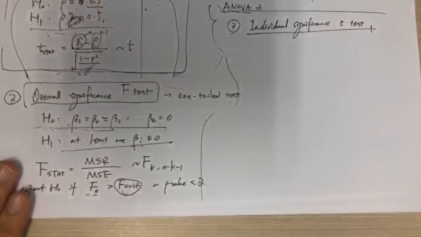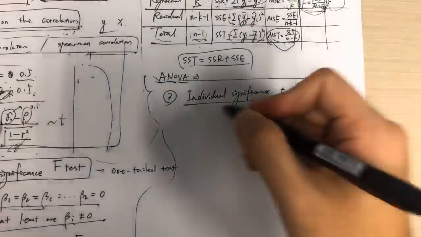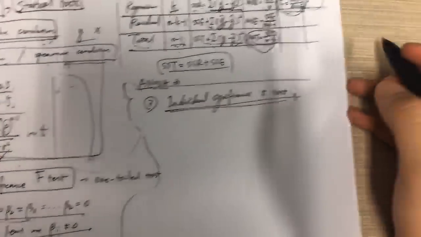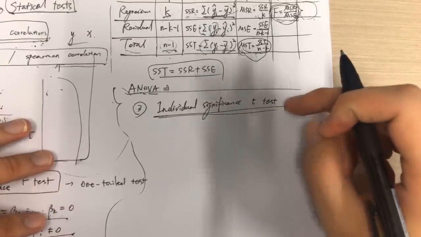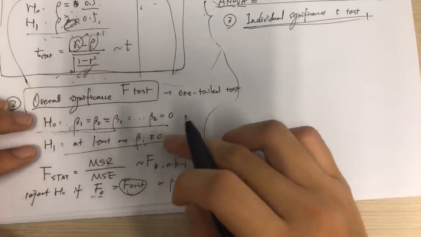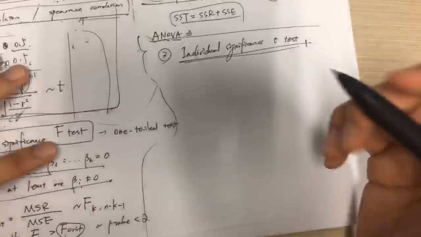Therefore, we are going to talk about the individual significance t-test. By performing it, we can determine if any single independent variable is significant or not.